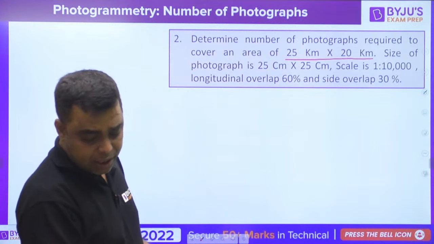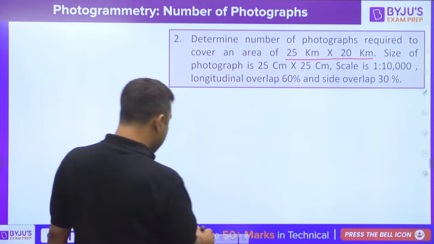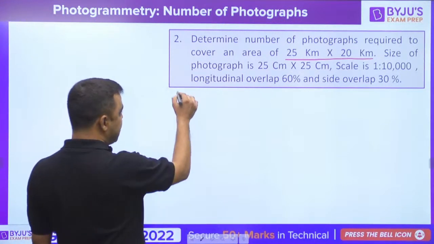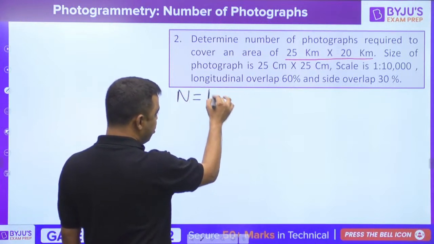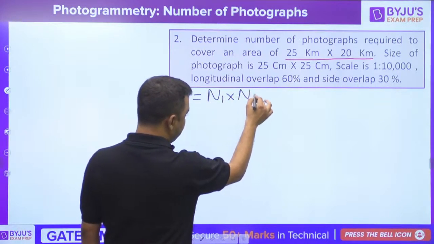Let us check, guys. Let me solve this question. That is the number of photographs. N will be equal to N1 into N2.